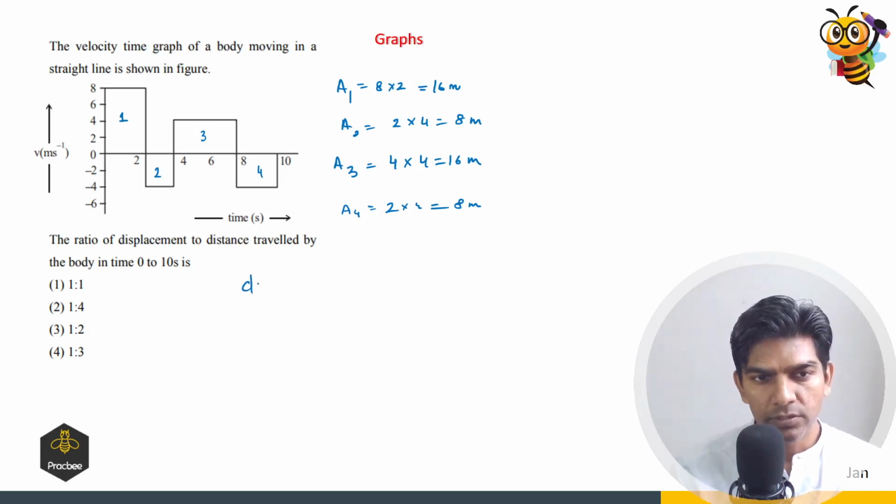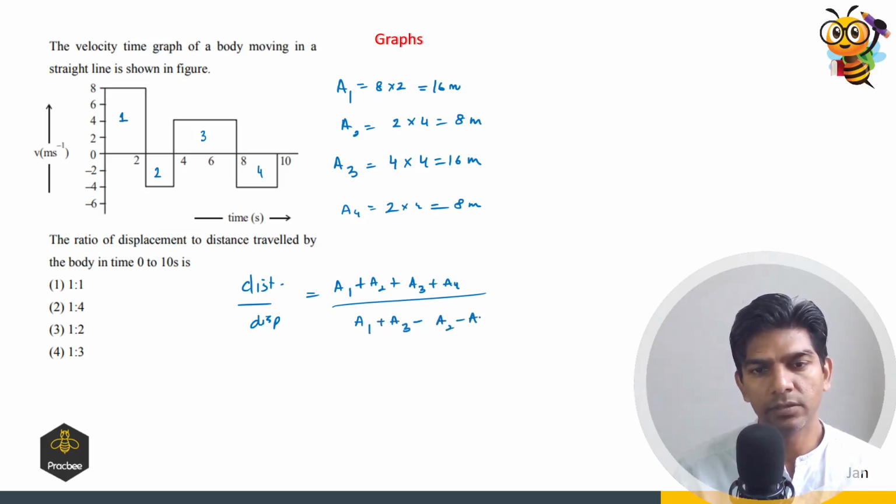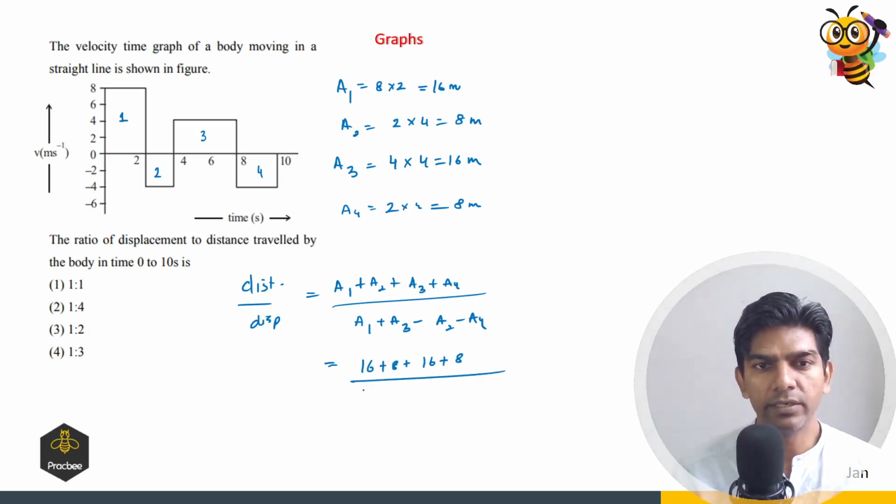So for the ratio of distance to displacement, distance will be nothing but the sum of all these areas, A1 plus A2 plus A3 plus A4, and displacement will be A1 plus A3 minus A2 minus A4. So it comes out to be 16 plus 8 plus 16 plus 8 divided by A1 plus A3, that will be 16 plus 16 minus 8 minus 8.